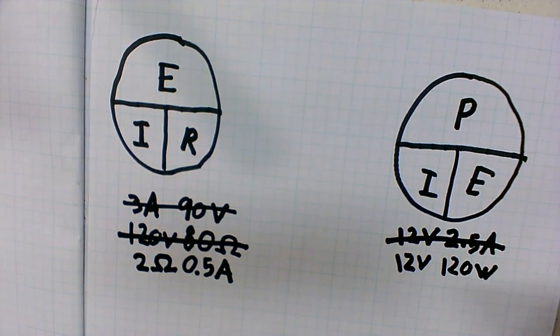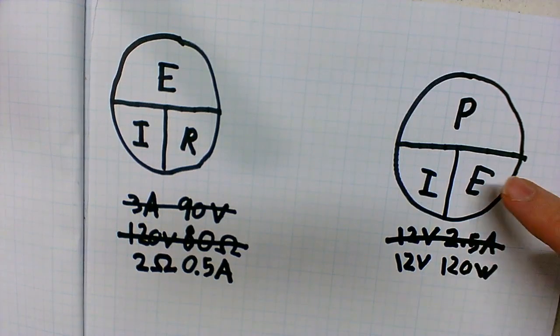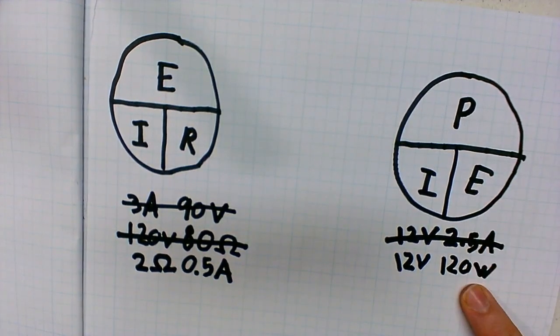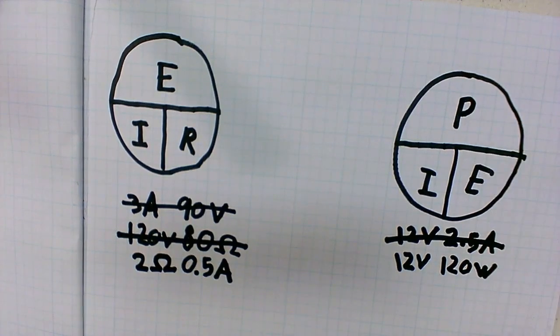So they gave us 12 volts, which would be E for electromotive force, and they gave us the watts, which is power. And what we want is how many amperes, so how many amps. Where are we going to put our finger?